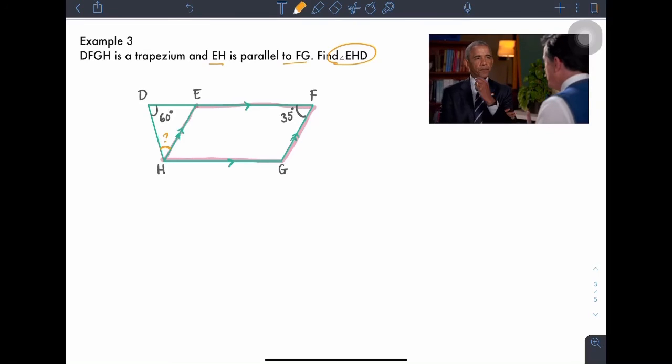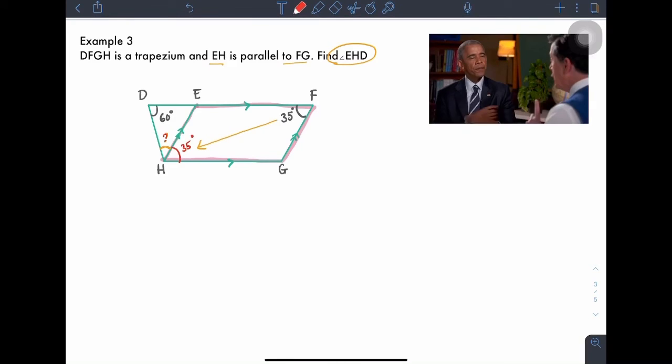We know that a parallelogram will always have the same angle on the opposite side. So if here is 35, here is 35 as well. Now, is it possible for you to find this angle?